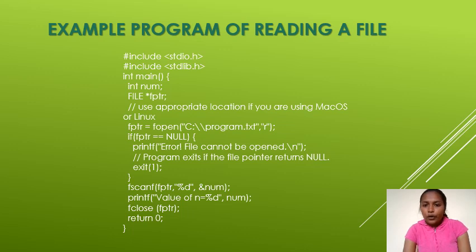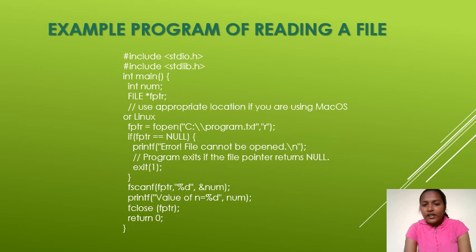Now we are going to open the file using fopen, which is stored in the file c program.txt in reading mode.